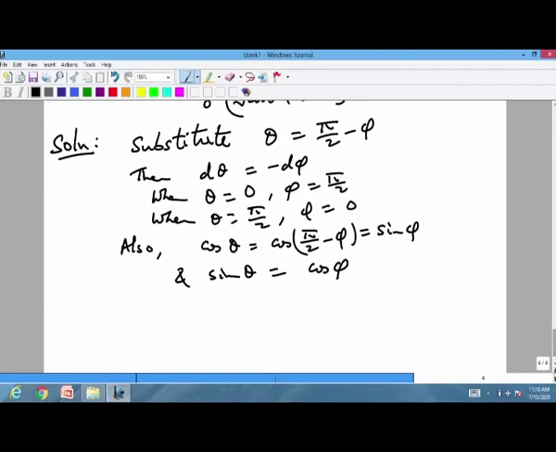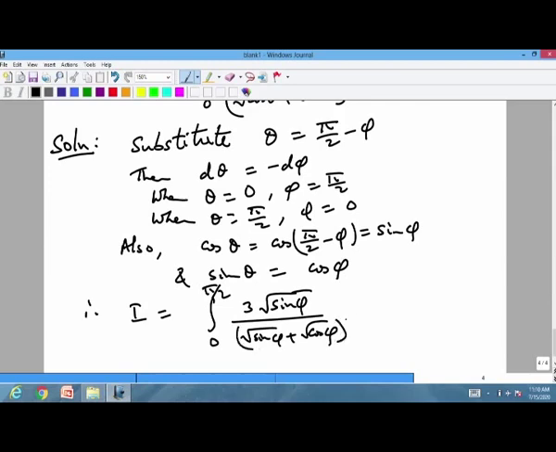So, the integral will become integral from 0 to pi by 2 of 3 square root of sin phi divided by square root of sin phi plus square root of cos phi, whole raised to power 5, d phi. So, note that here I have skipped one step.